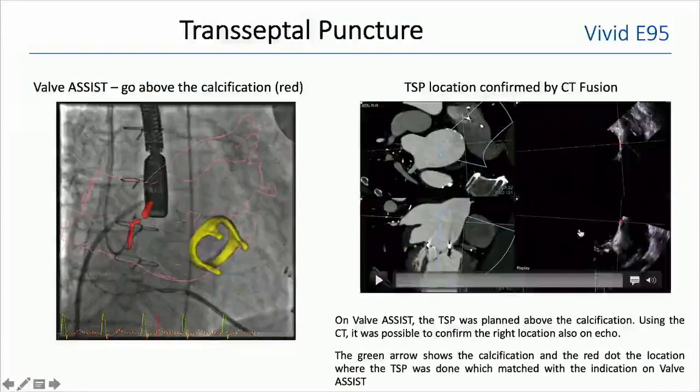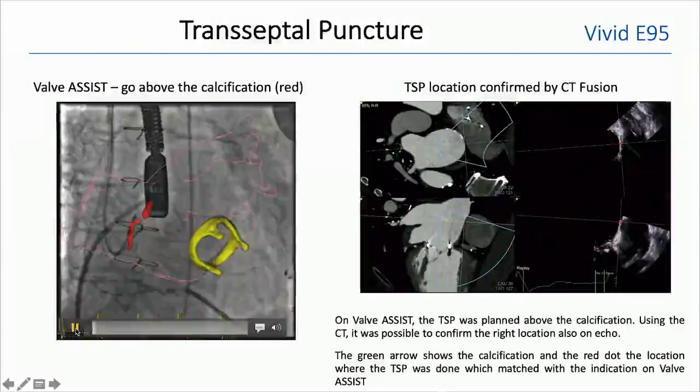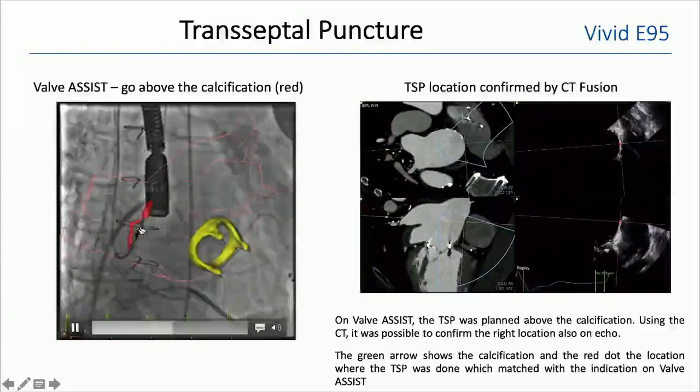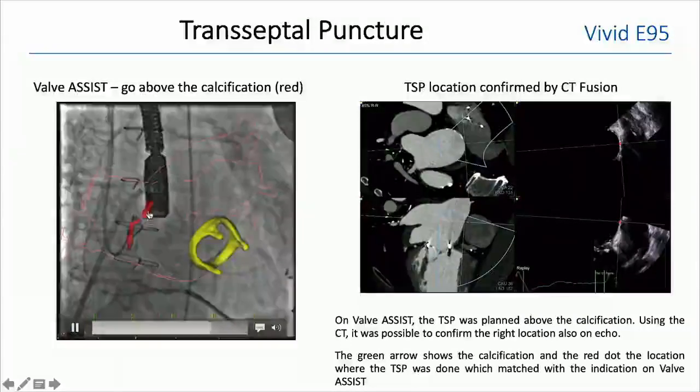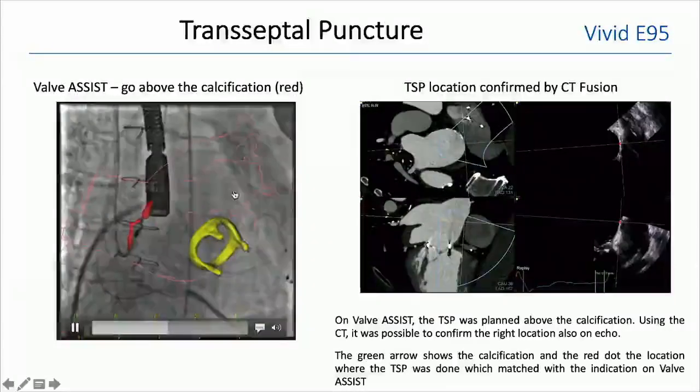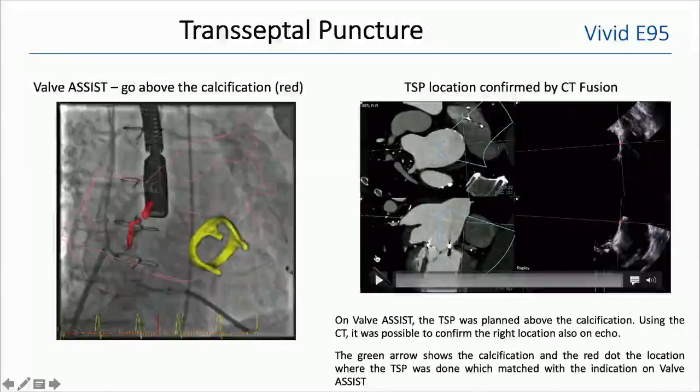Now once this was done, we were going to use the Valve Assist platform, and you've seen that we've already done our pre-segmentation, and we've got our calcification, which I've pointed out already over the intraatrial septum. We have our left atrial structures here, left atrial appendage, and we have the prosthetic mitral valve.